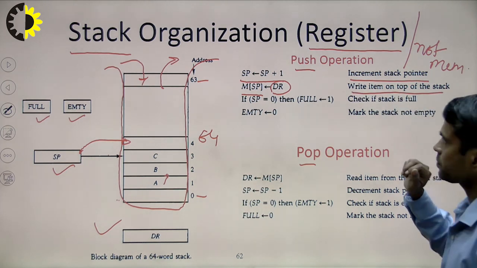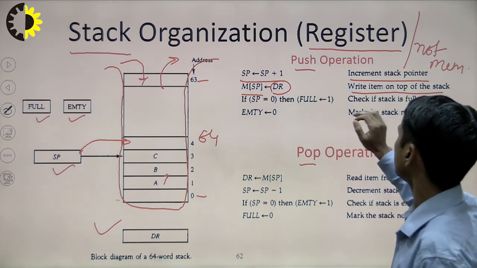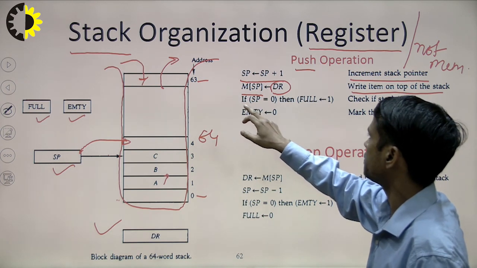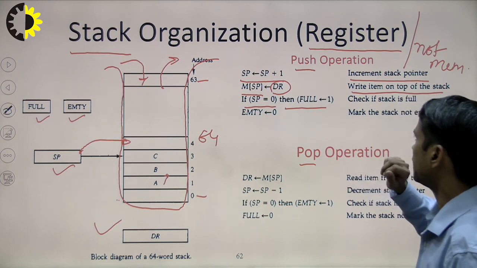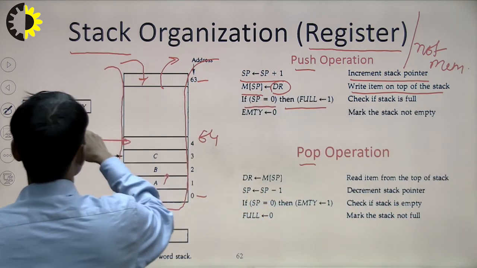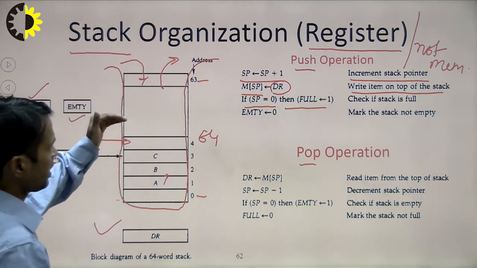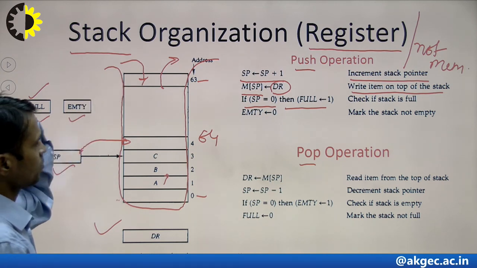Now, after that we have to check the condition whether the stack is full. If SP equals 0, then set full equals 1. It indicates that the stack is full, after we have put some data and the stack pointer has reached some location.